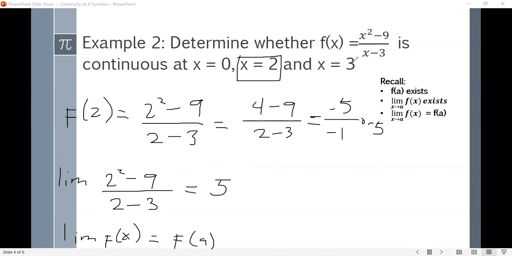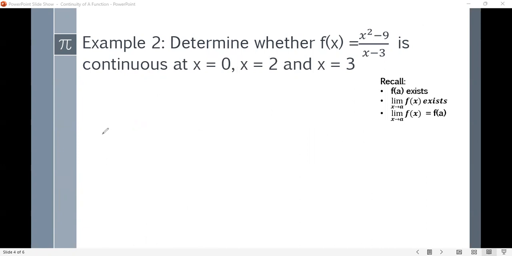So, paano naman kapag x is equals to 3? So, clear lang po yung drawing na to. So, define natin or substitute natin yung value na f of a natin. Ang f of a natin is equals po kay 3. Then, substitute natin yung values niya. So, meron tayong 3 squared minus 9 over 3 minus 3.